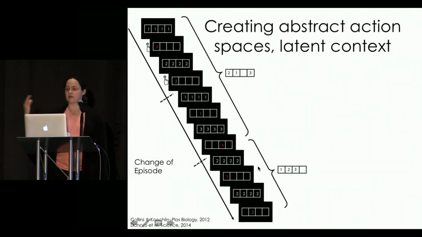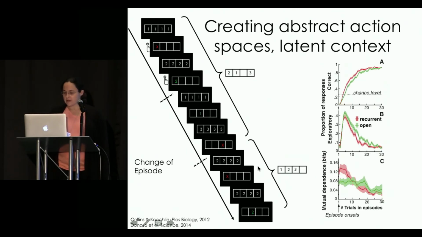So there was absolutely no cue that things might have changed. And we observed essentially the same results here, in the red condition. That represents a situation where they could reuse previously learned task sets. Participants were able to learn faster than in conditions where they were not able to reuse previously learned task sets.